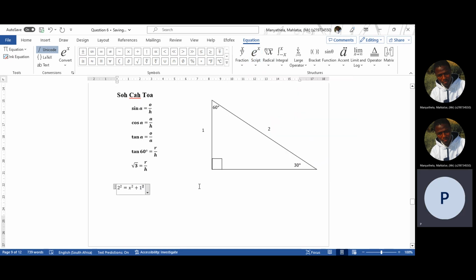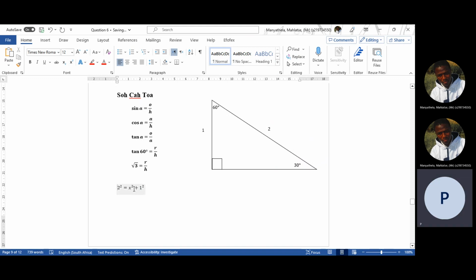Because we are looking for x, the missing side.